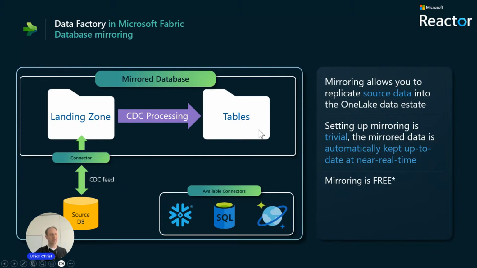Also, the storage here on the sync side is free. And the compute which is needed, both here on the connector side and also on the CDC side, on the mirroring engine itself, to basically perform the changes as they come into the landing zone, all of that compute is free as well. So we don't charge for any of that.